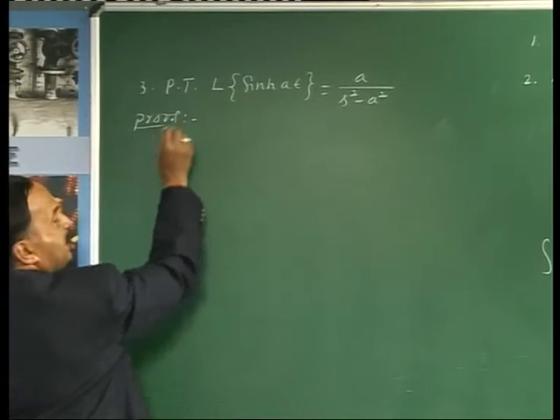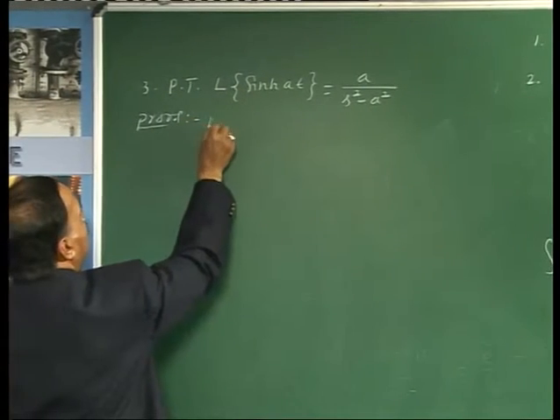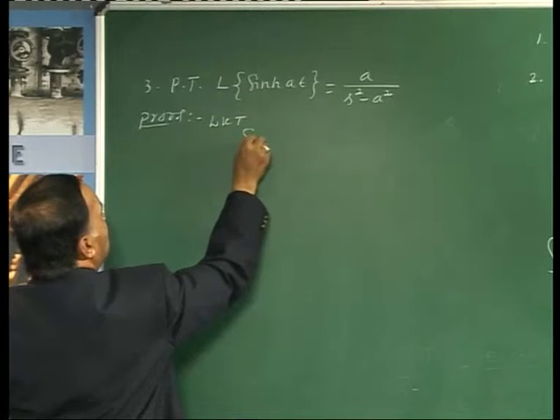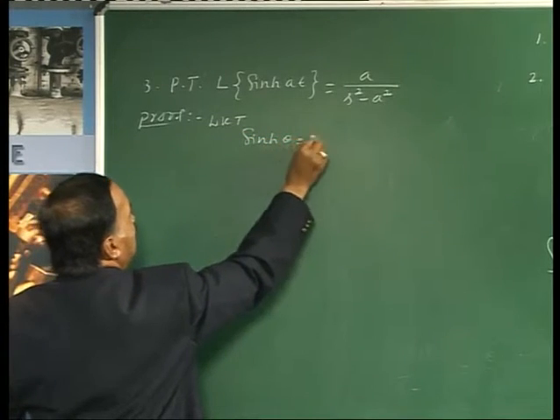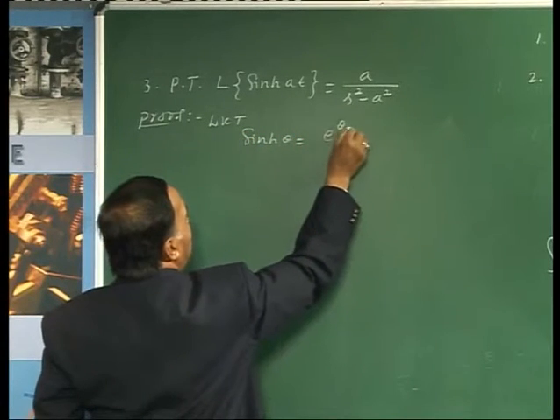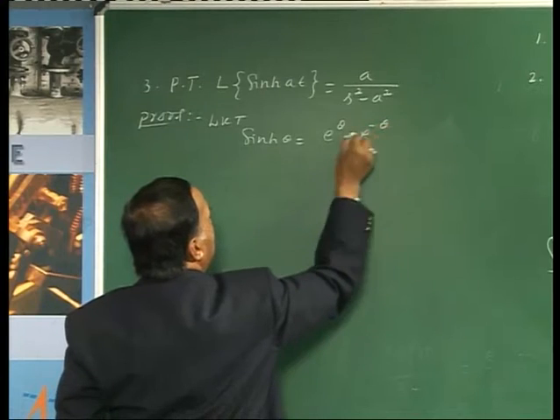The proof is very simple, very easy. We know that sinh theta is equal to e to the power of theta minus e to the power of minus theta, by 2.